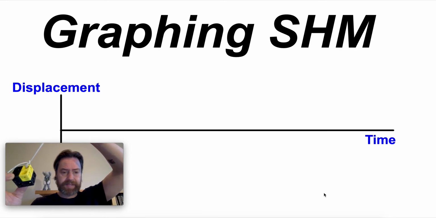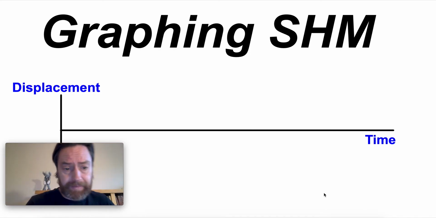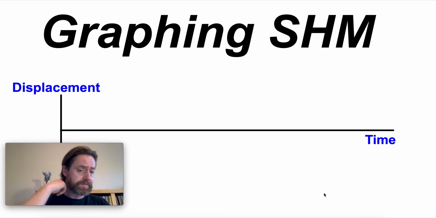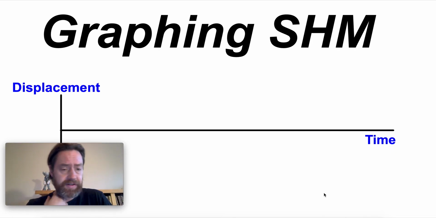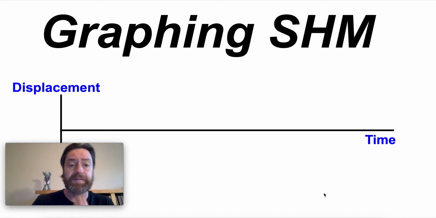There you go, there's my positive displacement. I'm going to let go of it and let it swing for 2 or 3 complete oscillations. I would like you to sketch a graph, we don't need any values, of what you think the displacement time graph would look like. Go ahead.